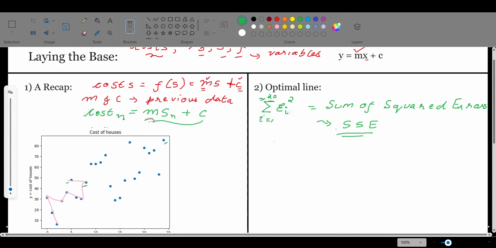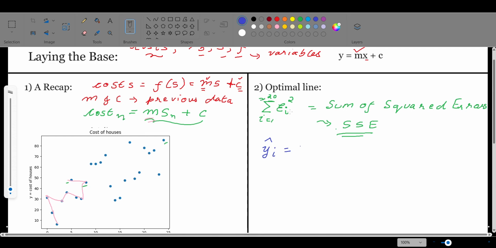Now how do we denote Ei? Before we get to Ei, we have to think of this: how do we denote y cap? What is yi cap? Basically, it's a point on this line L. L is that line which has the slope m and c.